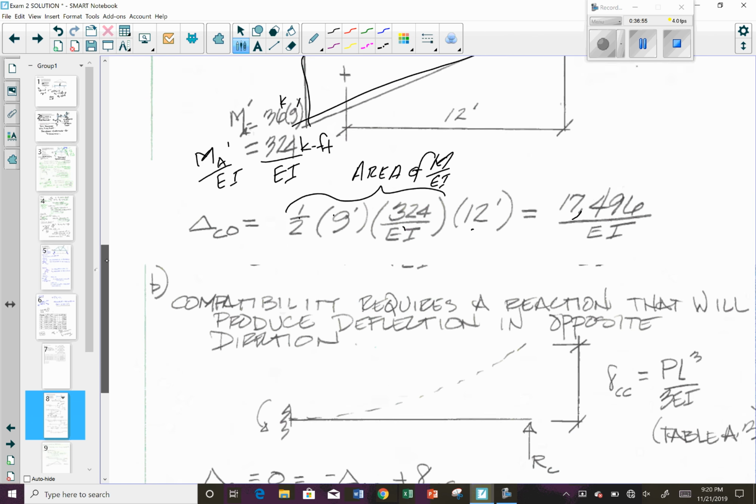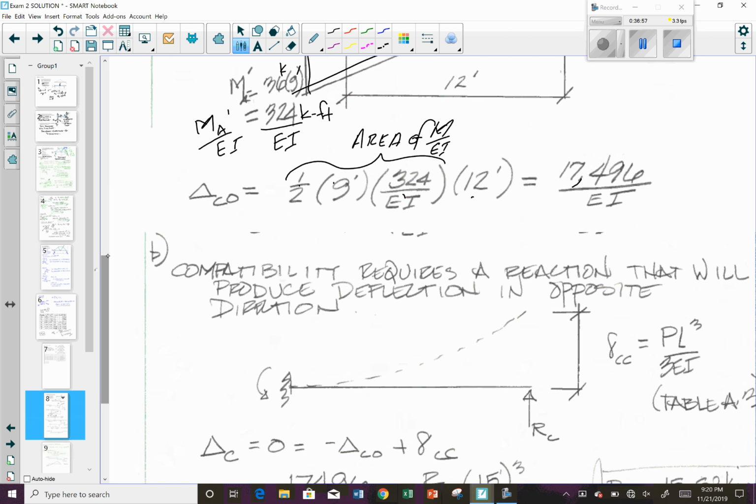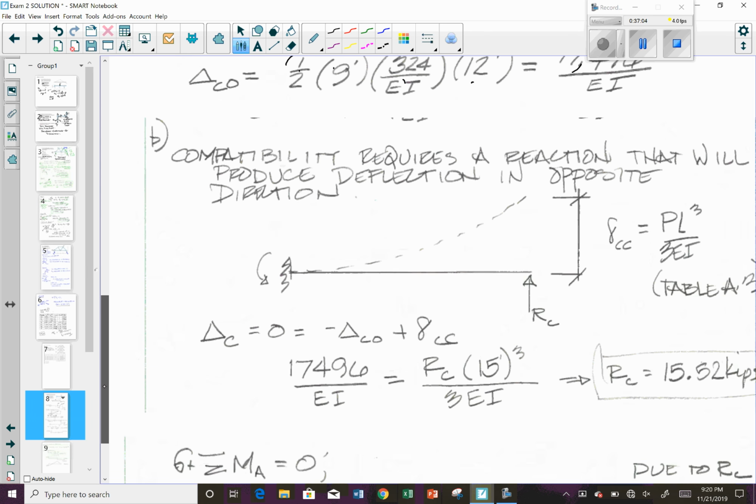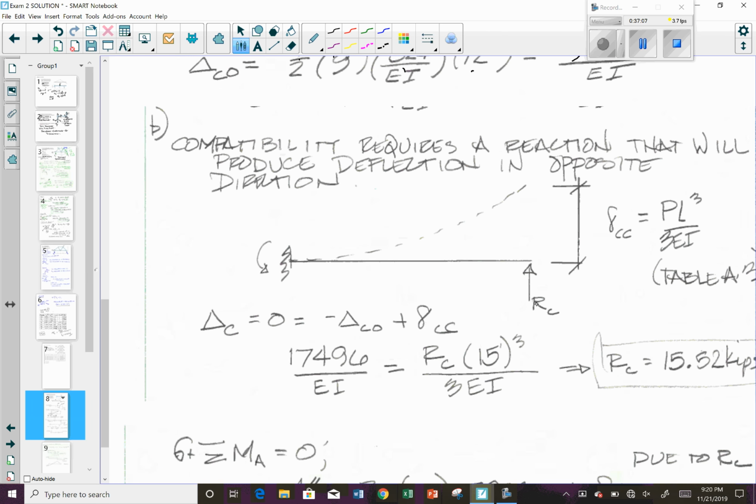So for compatibility, we're using this, which requires a reaction that will produce the deflection in the opposite direction as that produced here. Here is where you can use RC, because we're plugging RC back in, which is going to be our reaction to bring this guy right back down. The deflection that is caused by RC is equal to PL cubed over 3EI, and that's from table A3. In the final configuration, delta C is equal to 0.